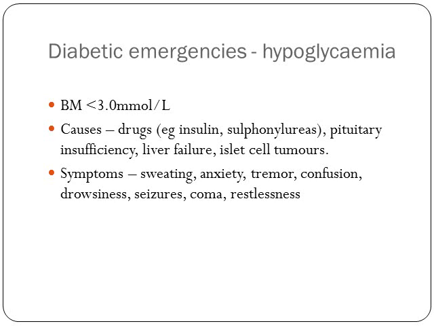It can be pituitary insufficiency, liver disease, liver failure, and very rarely islet cell tumour as well. Symptoms are the classic hypoglycaemic ones: sweating, anxiety, tremor, confusion, drowsiness, seizures, coma. Anyone who's found unresponsive on the ward, you should think about what's their BM.